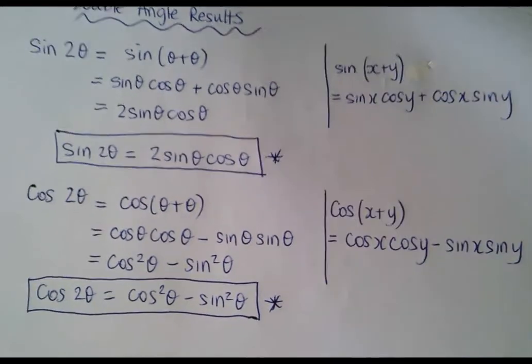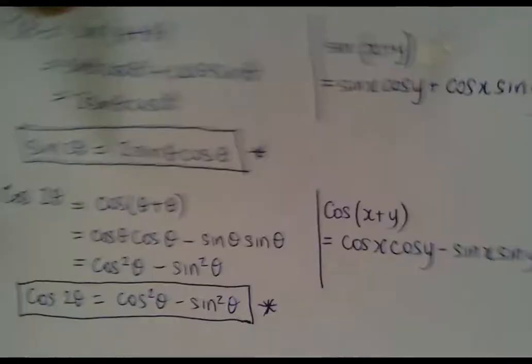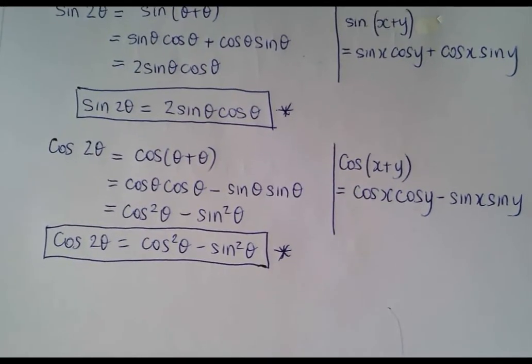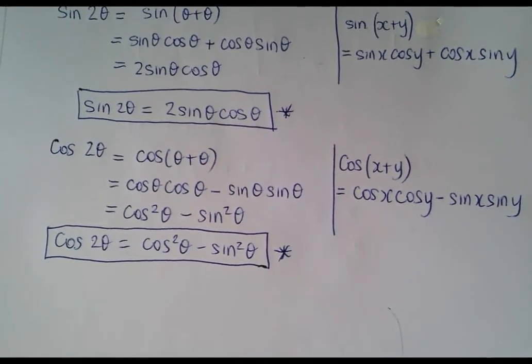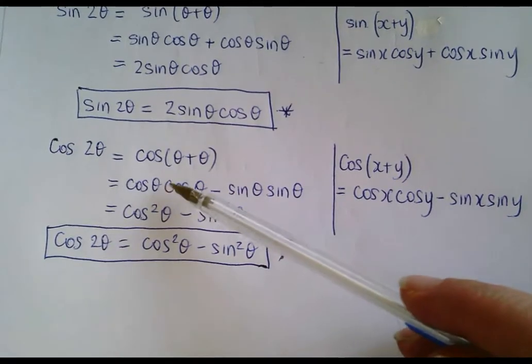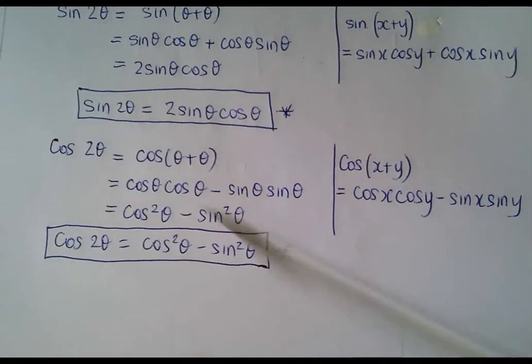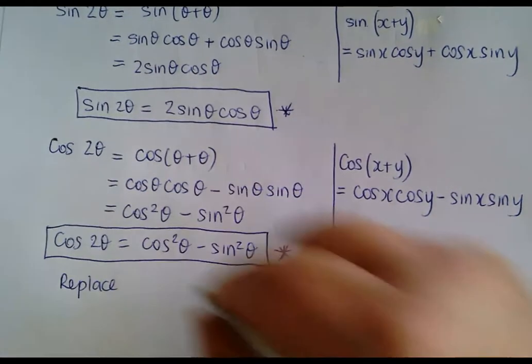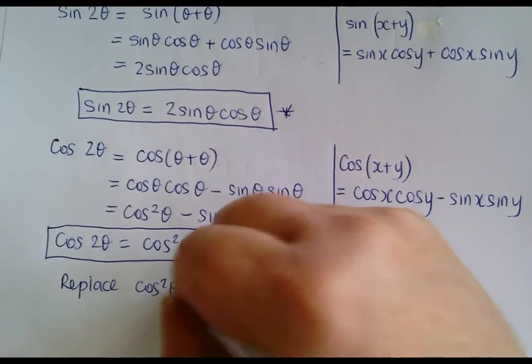Now, taking that result and replacing, so that's the first one. And that one's easy to remember because it's cos squared minus sine squared. So cos 2 theta is cos squared theta minus sine squared theta. Now I'm going to replace cos squared theta.